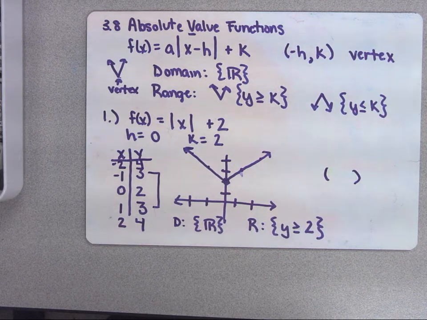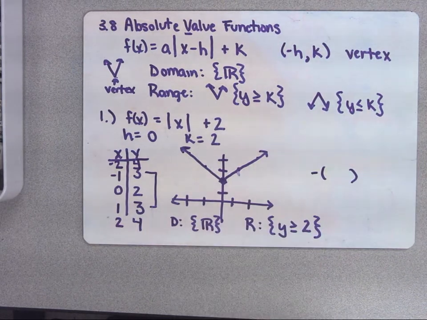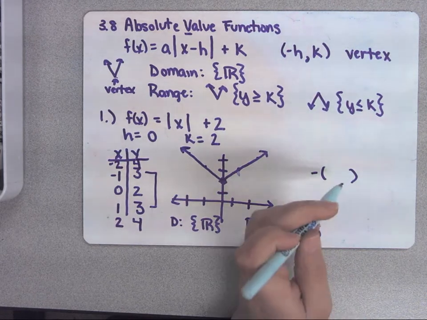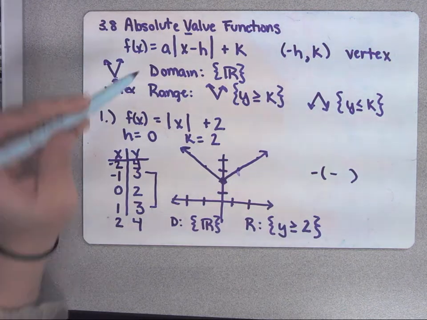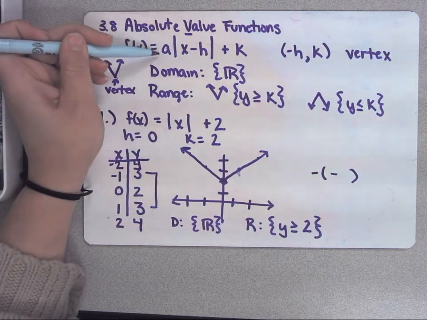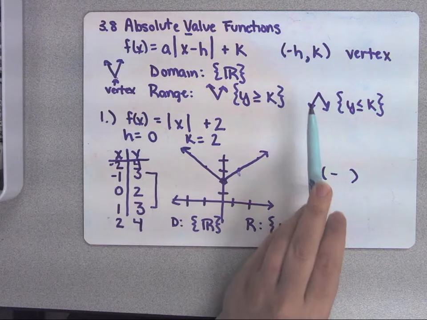It can be either in front of it or in it. What happens to a negative when it's inside of an absolute value? It's gone, right? So where does a negative have to be to change my picture? In front. Anytime you have a negative out here with A, it'll flip it to look like this.